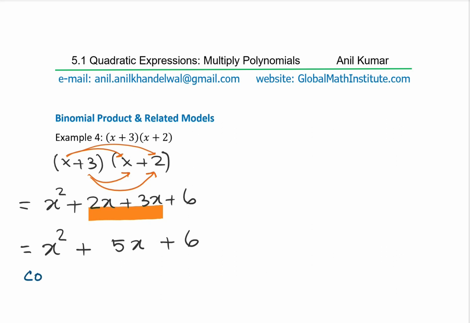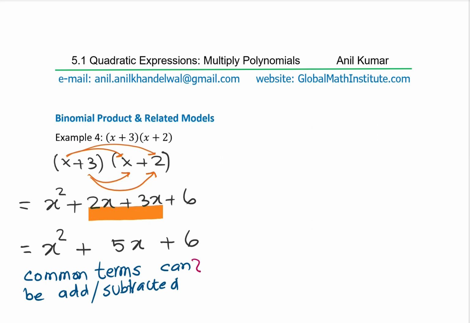Now this process of adding the common terms is simplification. So we add common terms. Common terms basically means they have the same variable combinations, so they can be added or subtracted. And this process is called simplification. So let me write this as simplification.